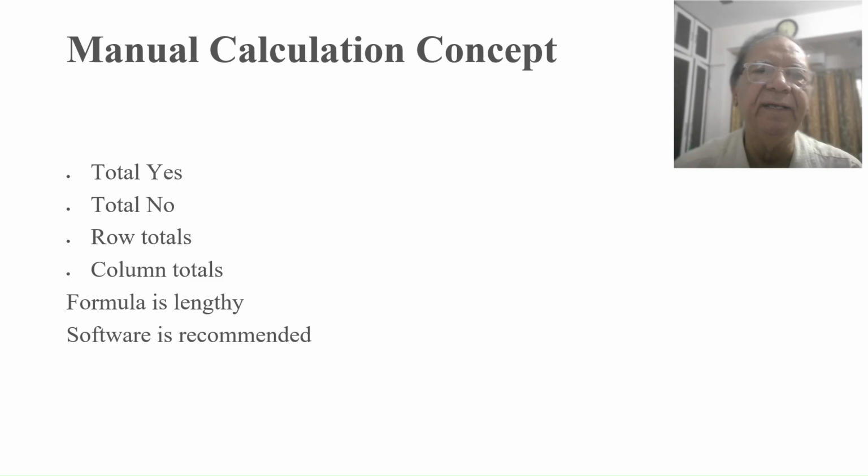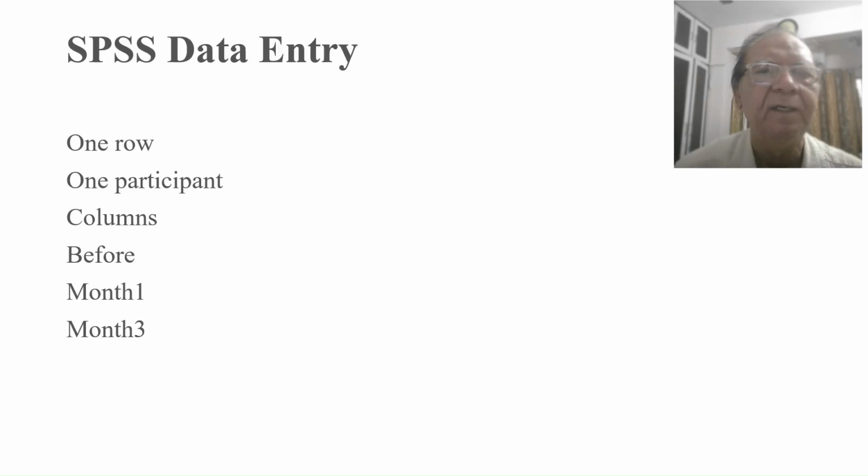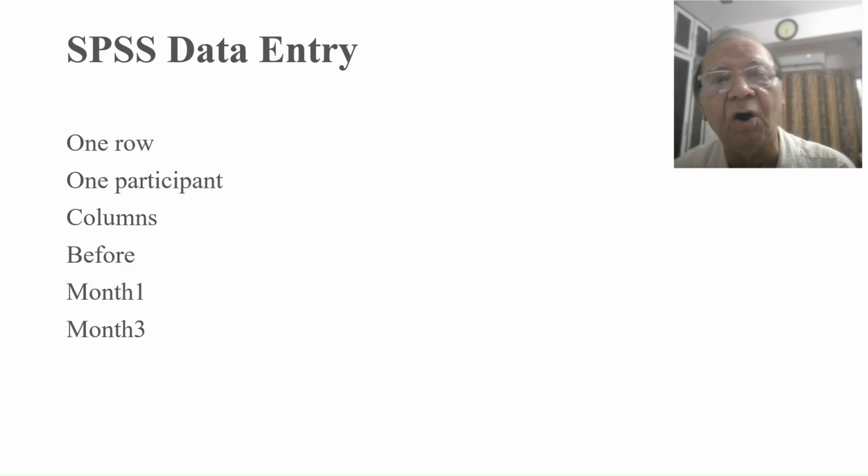Data entry is straightforward. Each row represents one participant, each column represents one observation occasion. Because the same participant appears on every occasion, the paired structure of the data is preserved.